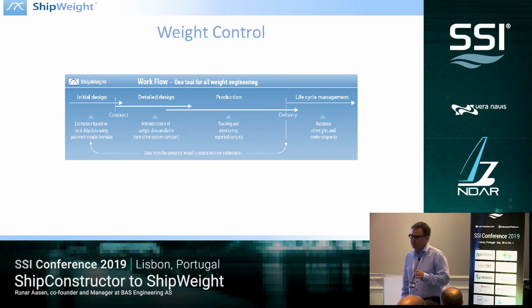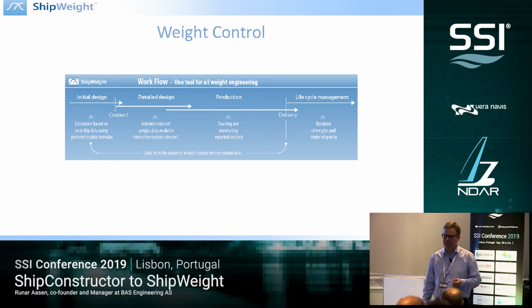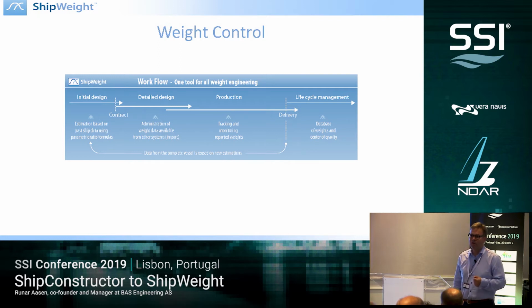The other reason is that your CAD model doesn't have all your weights, very simple. It doesn't have your equipment weights, it doesn't have electrical weights. It has, hopefully, most of your structural weights. That being said, of course, there is a certain period in the project where your CAD model is a very important source of weight and CG information.